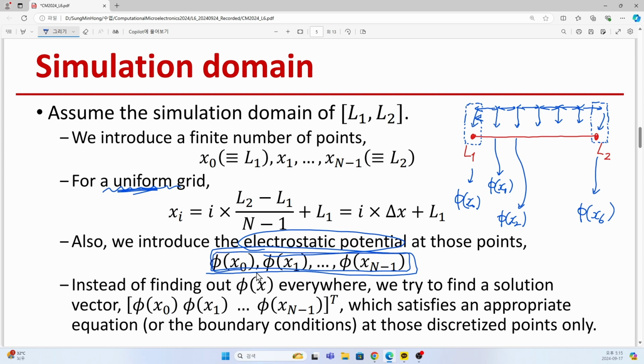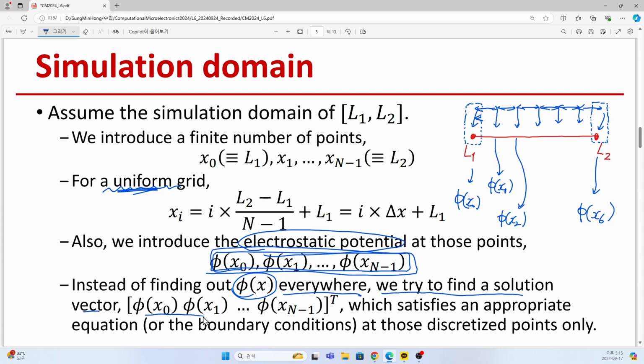electrostatic potentials. So instead of finding our electrostatic potential everywhere inside our domain, that is the analytic solution, we try to find a solution vector.